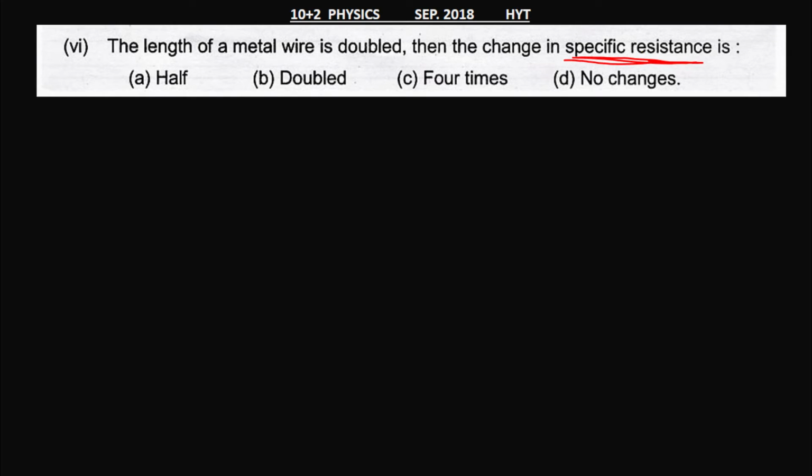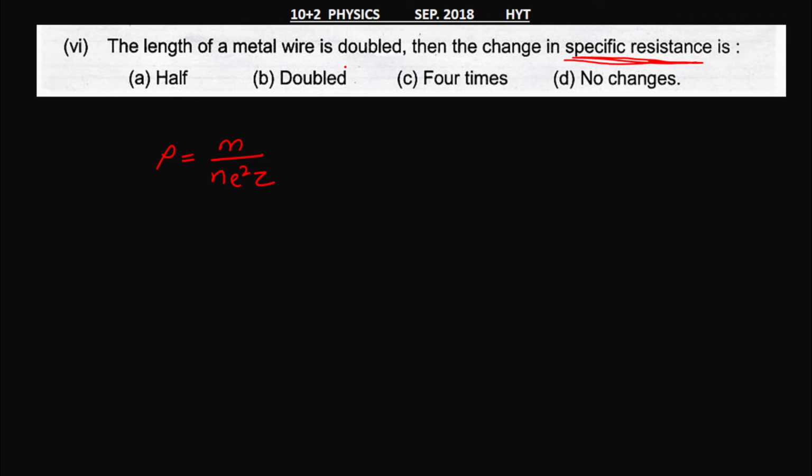Specific resistance is the resistivity, and we know the formula for specific resistance, rho, is equal to m over n e square tau. From this formula you can see that there is no dependency on the dimensions of the device. That is, it doesn't depend upon the area or the length. So there will be no effect of changing the length or area on the resistivity.